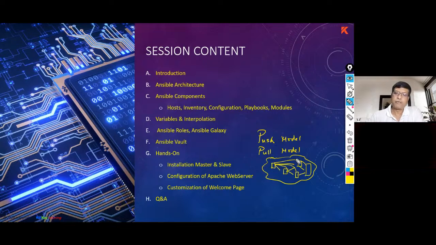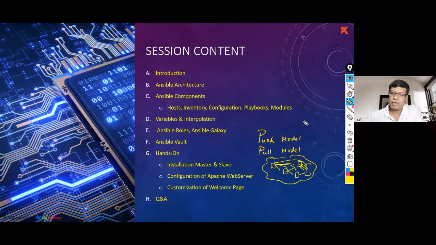So they have to be mutually polling each other, because in the pull model the master will be pulling the job over here and then pushing it back. So I don't know why this complexity.